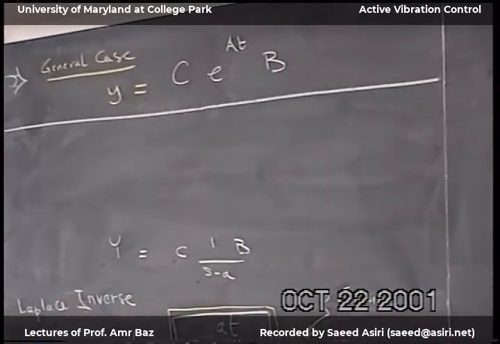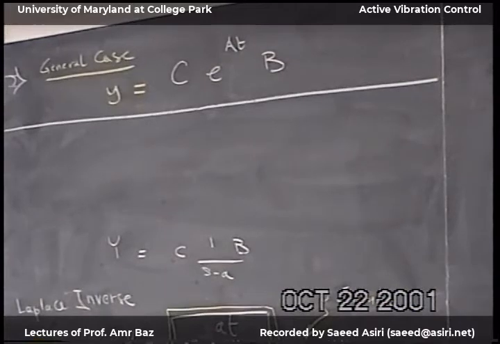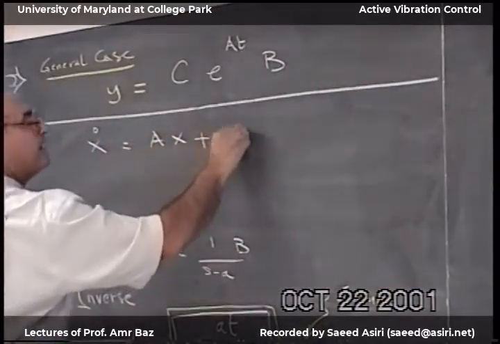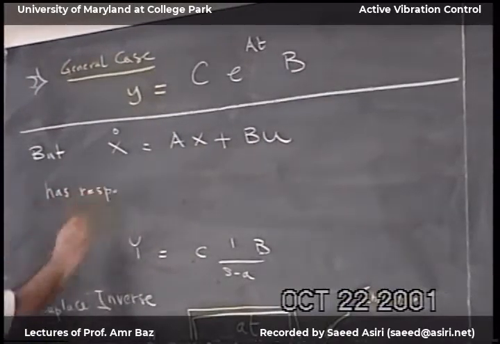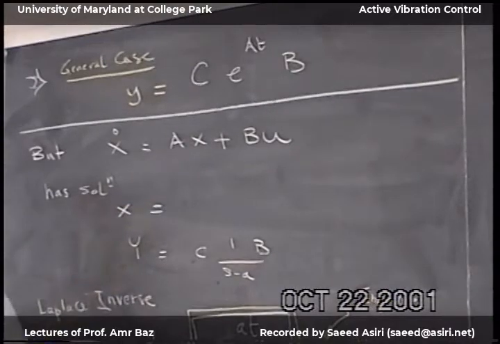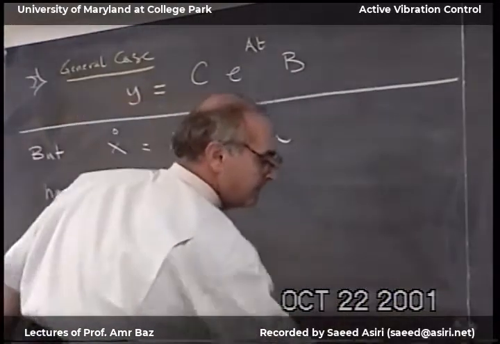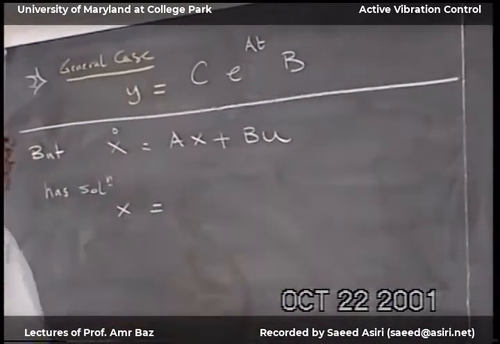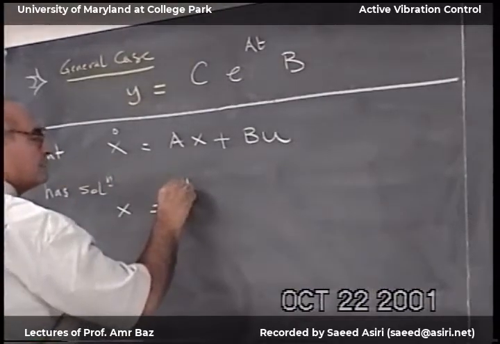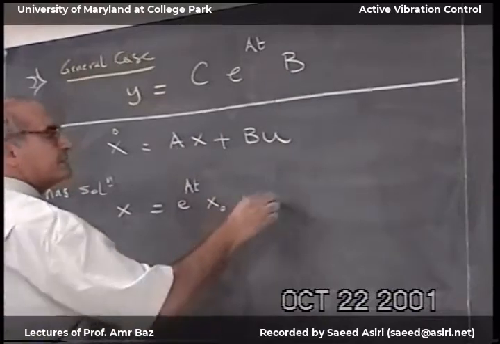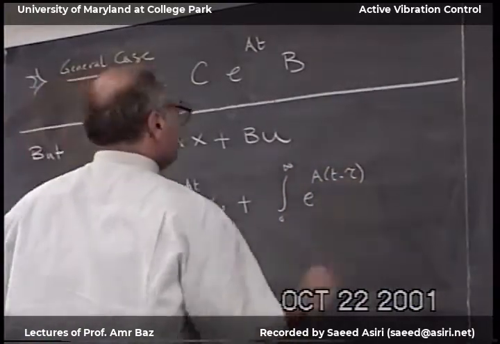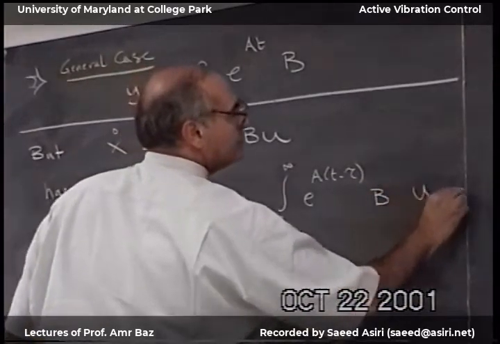But the nice proof that we can do is, again, if we look at this system, it has a solution that I can get from the convolution integral, which is again e to the a t x0 plus the integral of exponential a (t minus tau), and then b and u d tau.